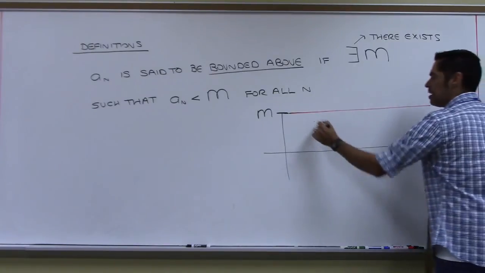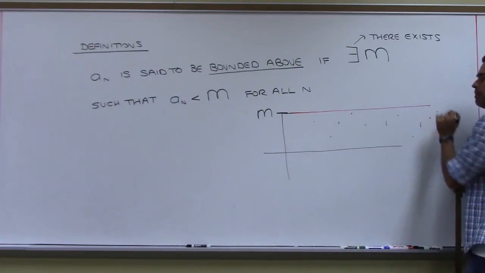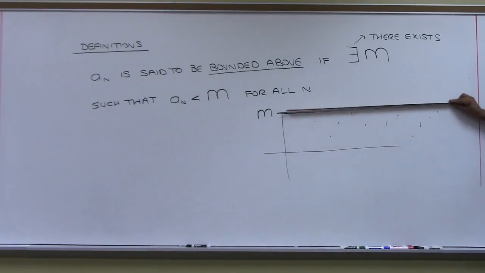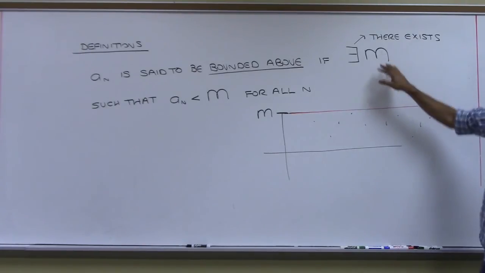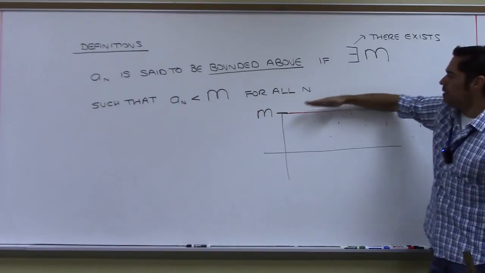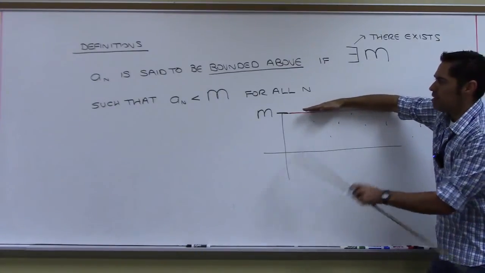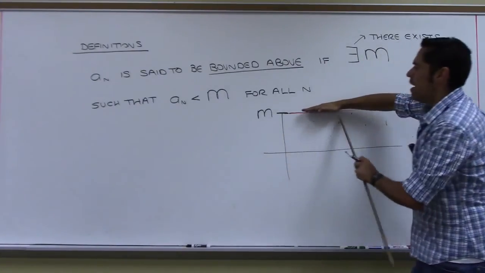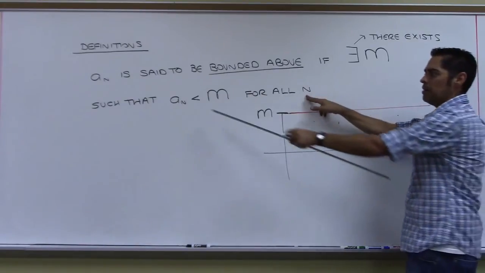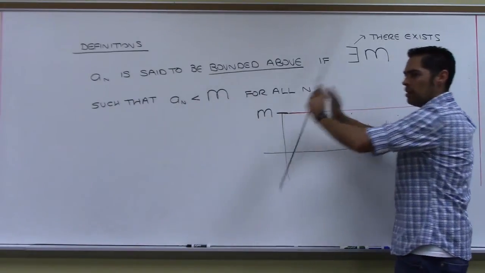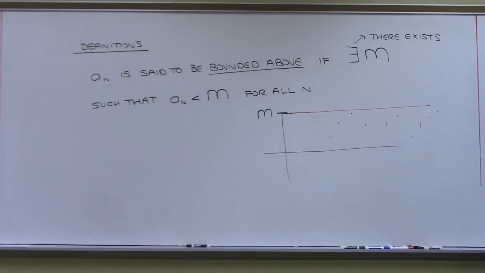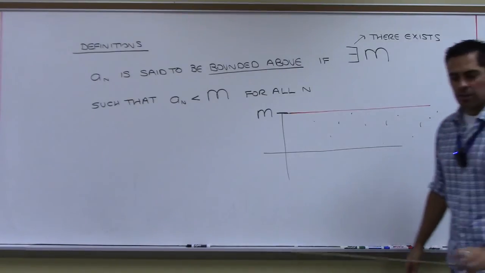You can have a sequence doing all kinds of stuff in here, but it is bounded above. Make sense? Pretty intuitive? The wording of it is kind of weird. There exists some number M so that the sequence a sub n is always below that M for every n you could ever pick. A sub 1, a sub 2, a sub 3, any n, it's always going to be below that.